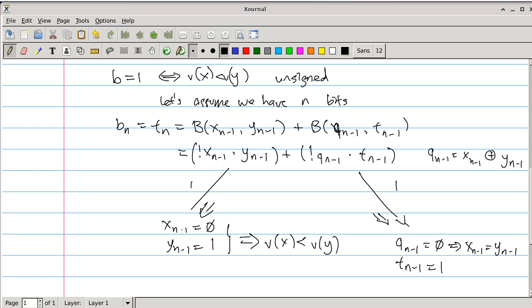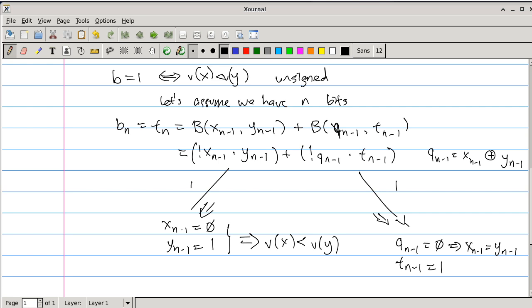We apply the same equation, right? We look at Tn minus 1 and say, oh, that's the borrow of xn minus 2 and yn minus 2, or the borrow of Qn minus 2, comma Tn minus 2. Right?